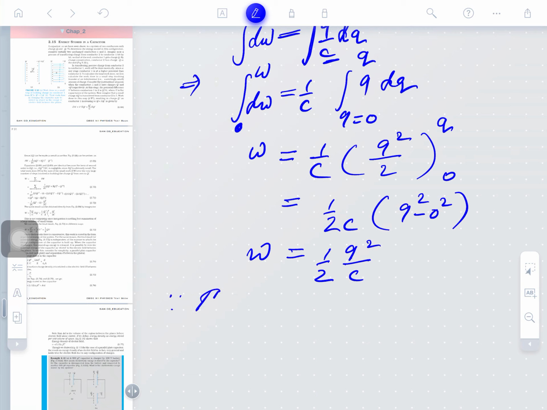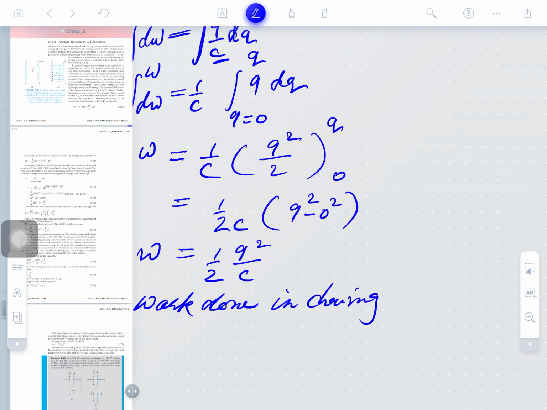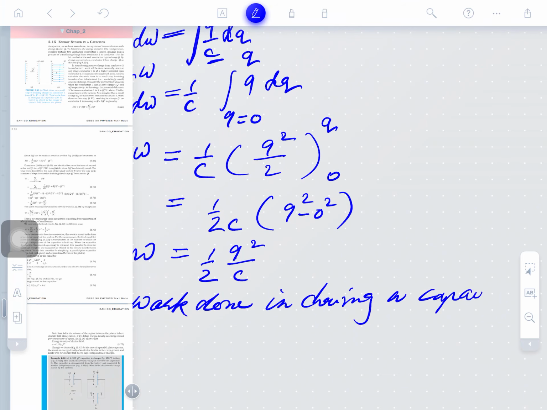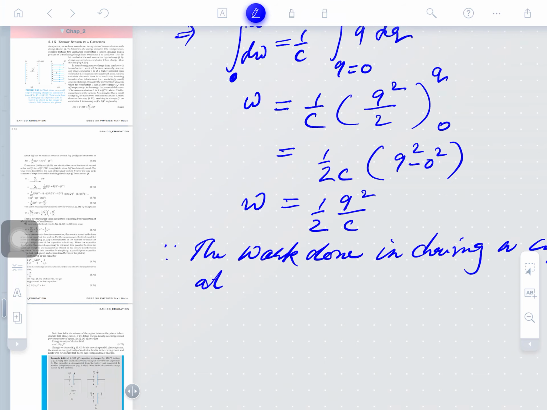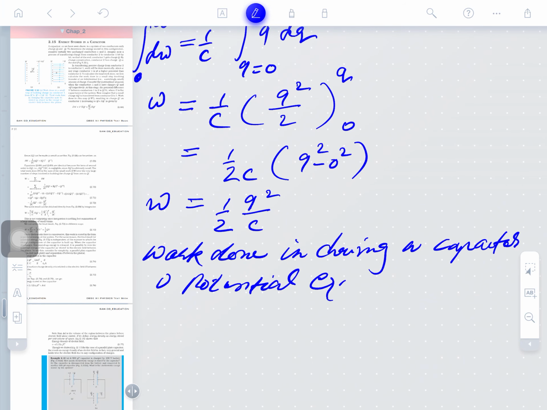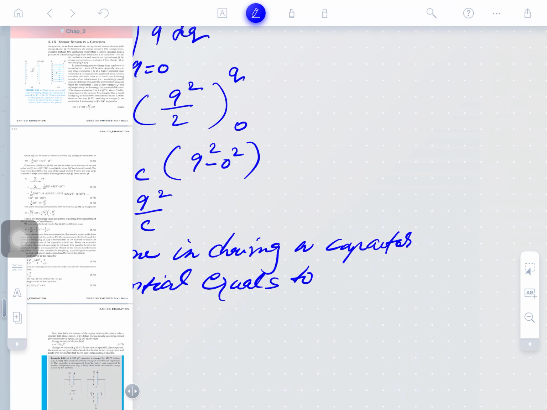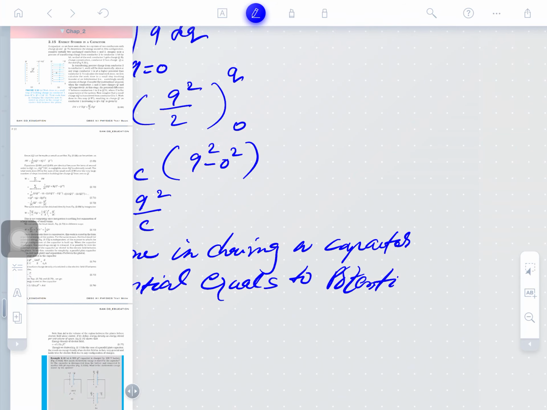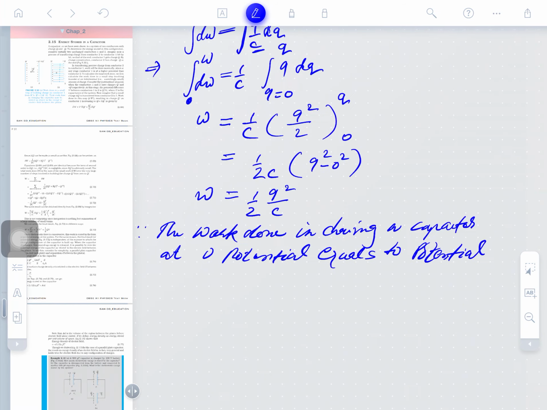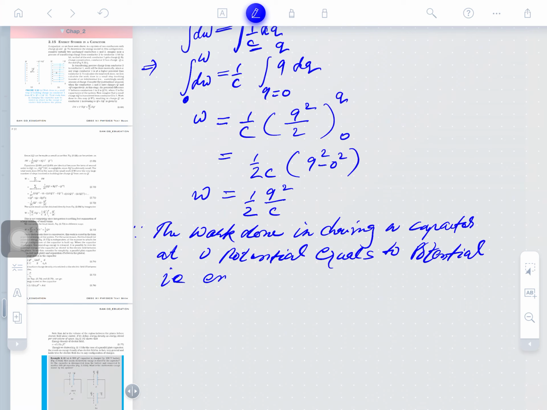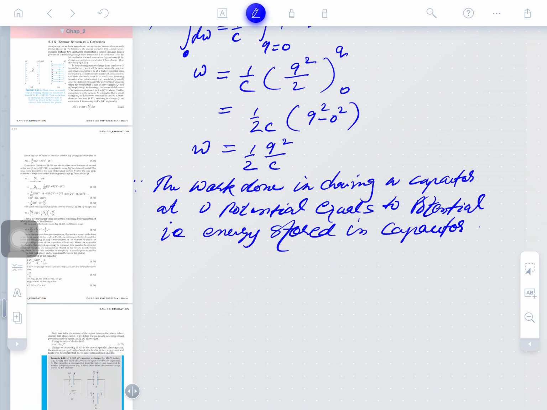So here you have to write that the work done in charging a capacitor at V potential equals the potential energy stored in the capacitor.